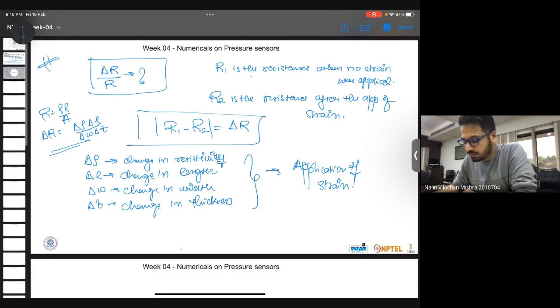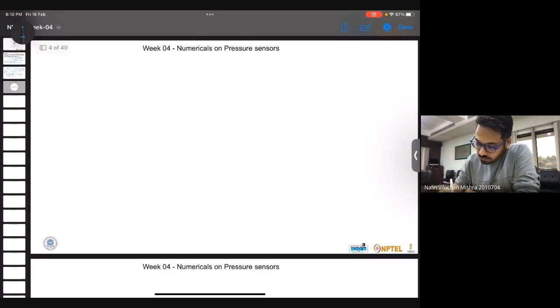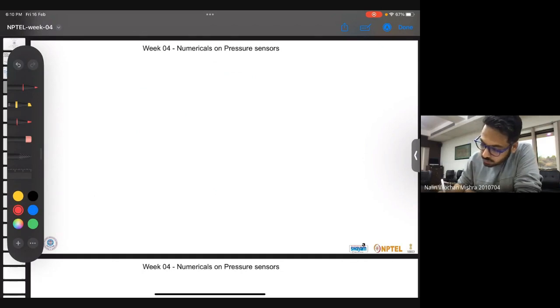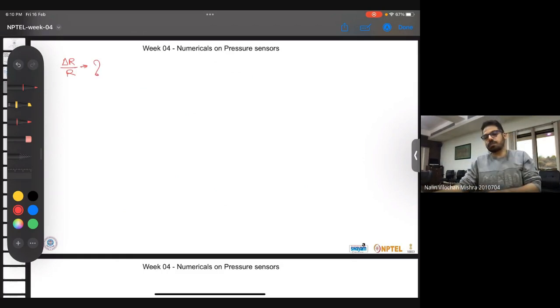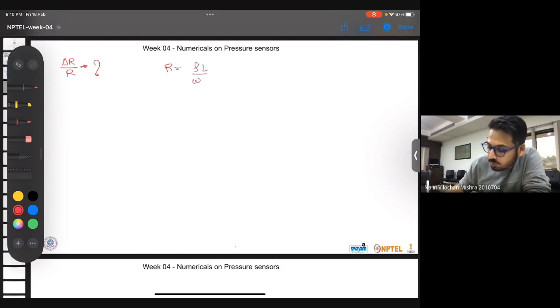So how can we do that? We are calculating change in R by R. For calculating this, first we need to write R, which is basically rho L by W T. Then on both sides take log.